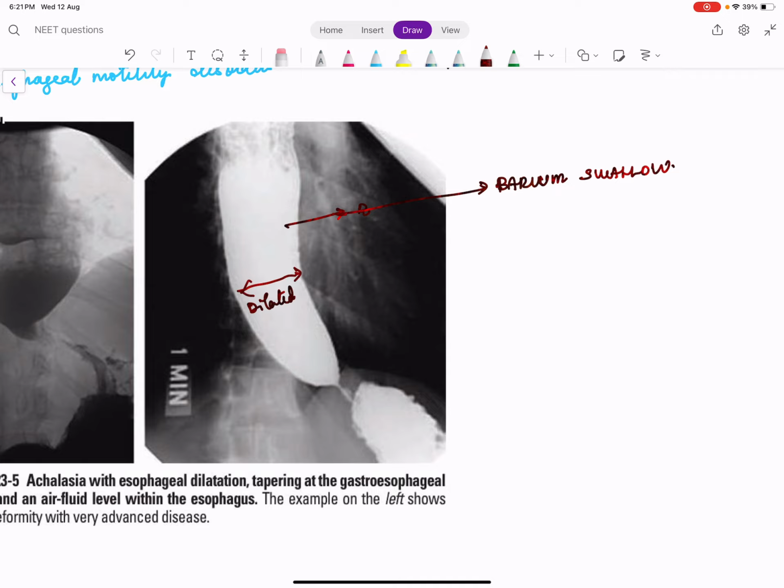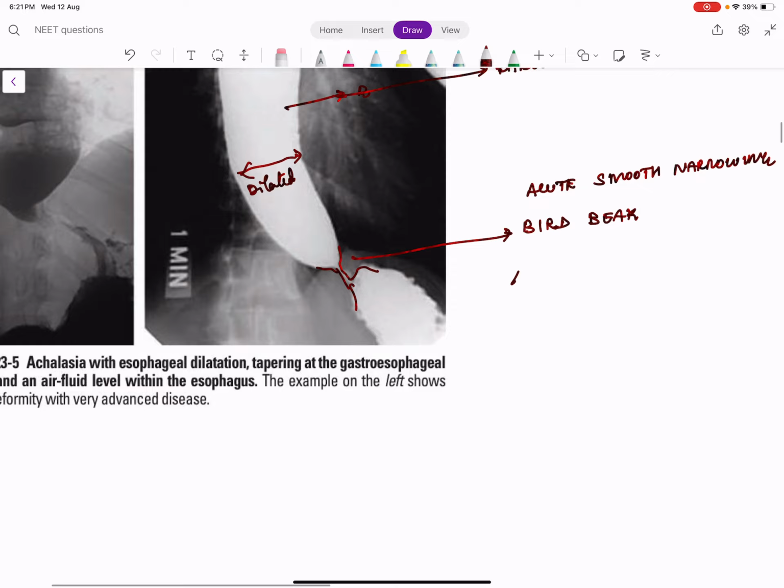Even though the esophagus is dilated, there is an acute uniform narrowing here, and this is the stomach. This acute, smooth narrowing is called the bird beak sign. Right, bird beak sign. This is classical of achalasia cardia.